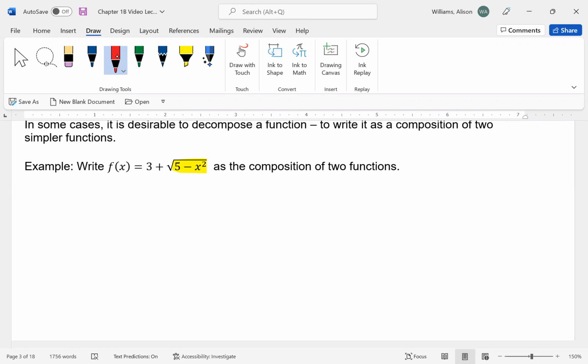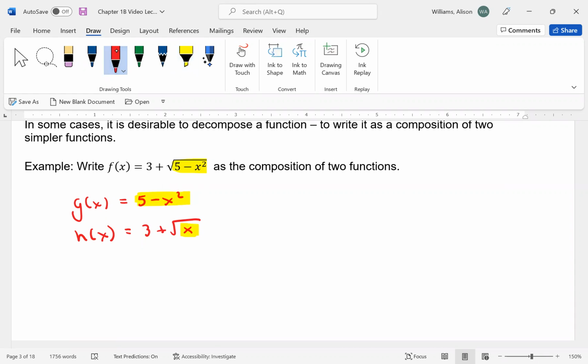So let's say that g of x equals 5 minus x squared. That would mean that h of x, the function I was plugging that into, would look like 3 plus the square root of just x, because I'd be plugging this thing into a radical.